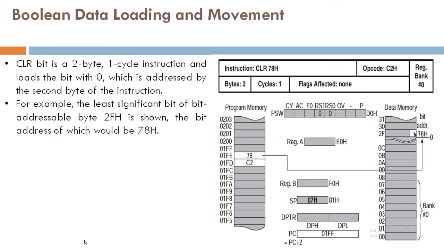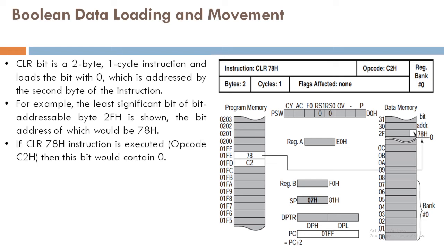Okay, so what you can see here, the least significant bit of bit addressable by 2F is shown, and the bit address of which would be 78 hex. Okay, so that 78 hex, the CLR 78 hex instruction is executed, then that particular bit would contain 0.